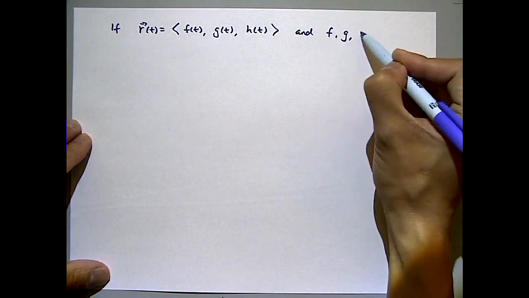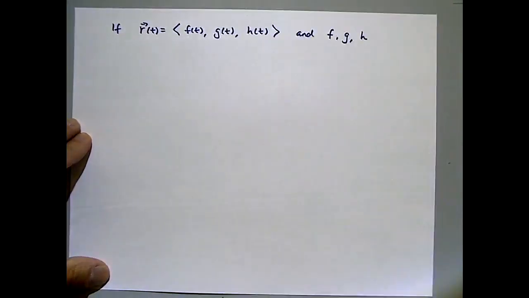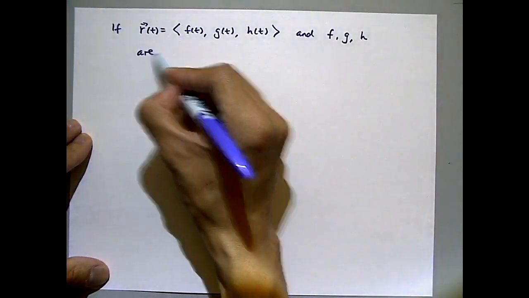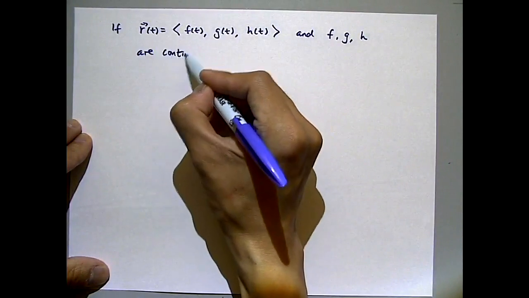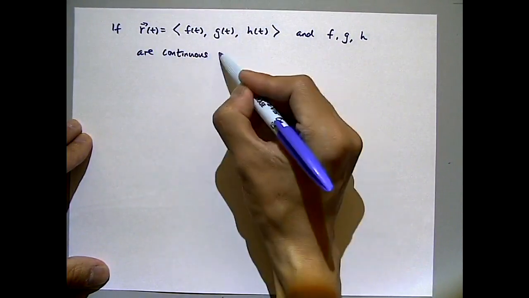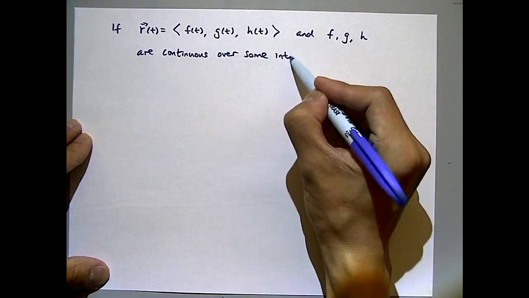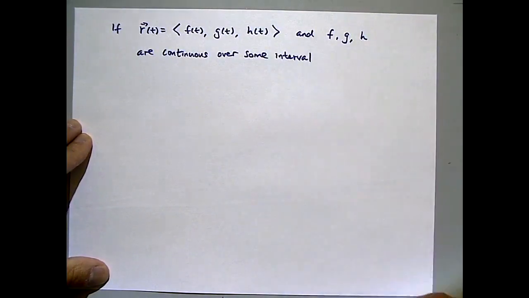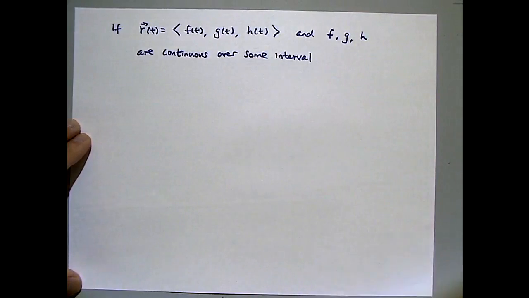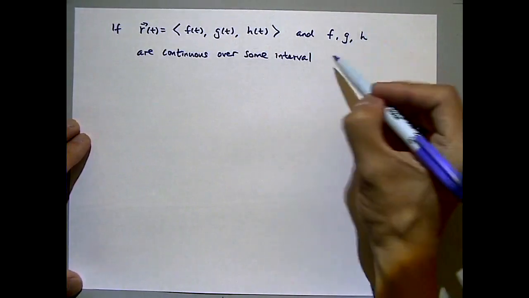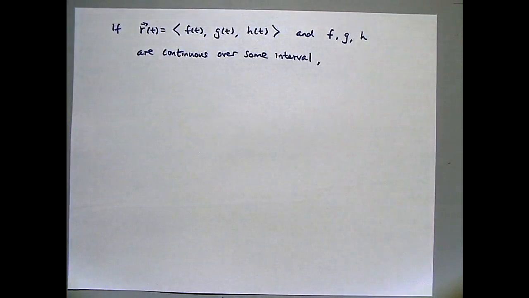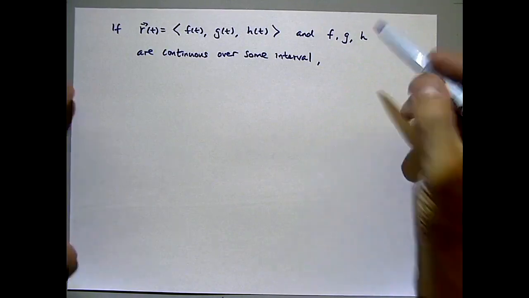And let's assume that f, g, and h are continuous over some interval. Then if you collect the dots defined by the tip of each vector, then you get what's called a space curve.